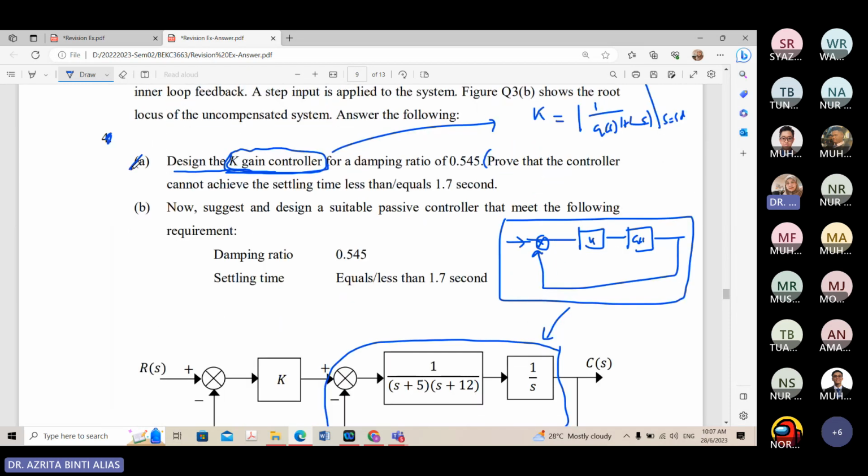Okay, so we already answered the question A. So now the question B. So suggest and design a suitable passive controller. So remember, kalau passive controller, either lag or lead. So that means the following requirement. So now the requirement here is the settling time.